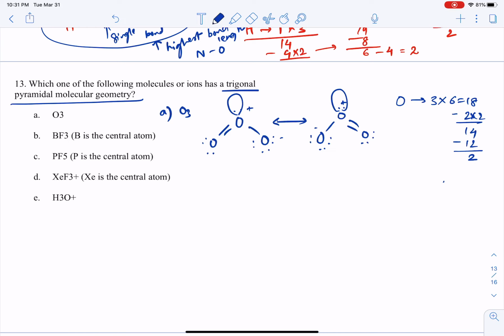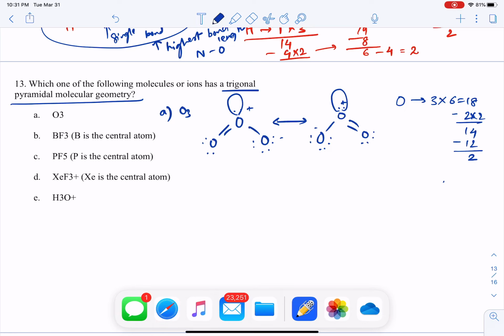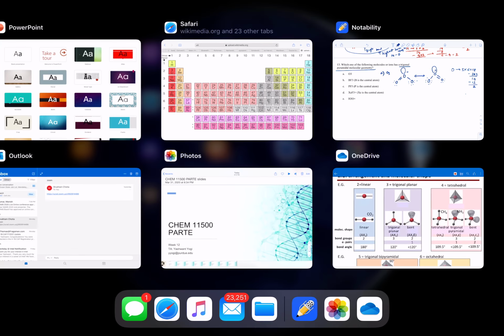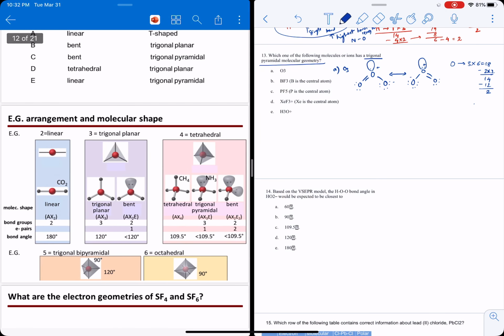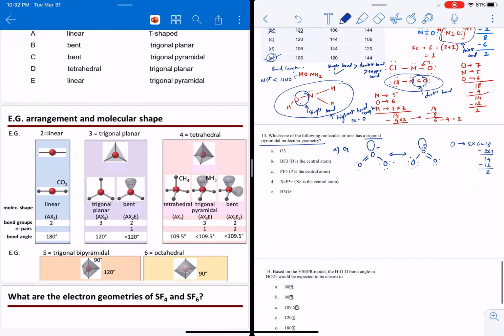So it has 3 electron groups. In 3 electron groups, you don't have any option as trigonal pyramidal. So A is not the answer.